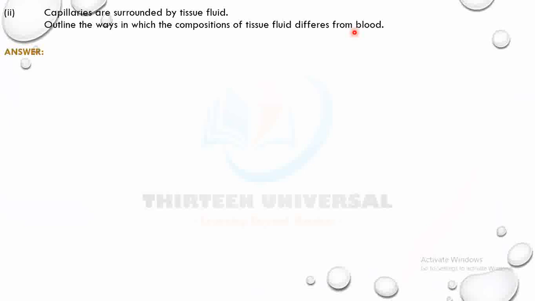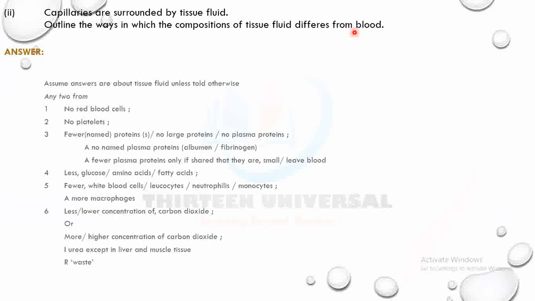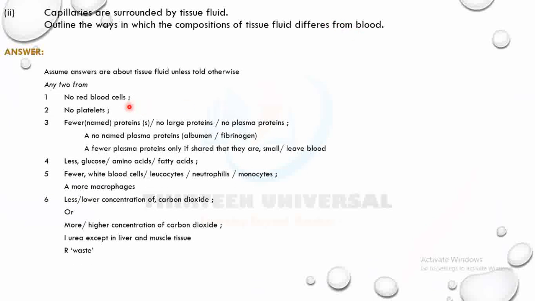Tissue fluid has a high concentration of CO2. Look at it: there's no red blood cell, no platelets, fewer proteins, no large proteins. It has less glucose compared to the blood. Fewer white blood cells, neutrophils. Higher concentration of carbon dioxide, yes, because it's closer to the tissues.